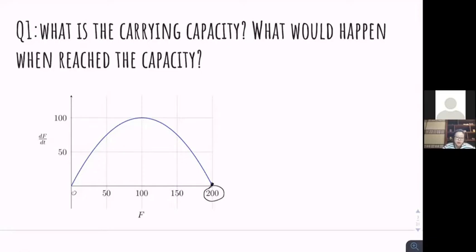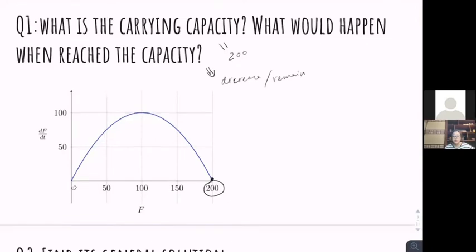So I'll just say the carrying capacity is 200, and when the population reaches the capacity, the population would not grow bigger. So it will either decrease or remain at 200. Let's move on to the next one.